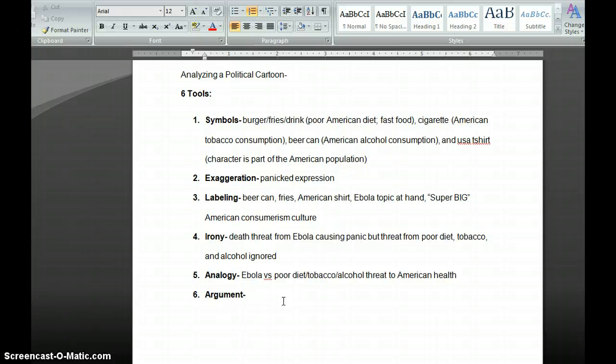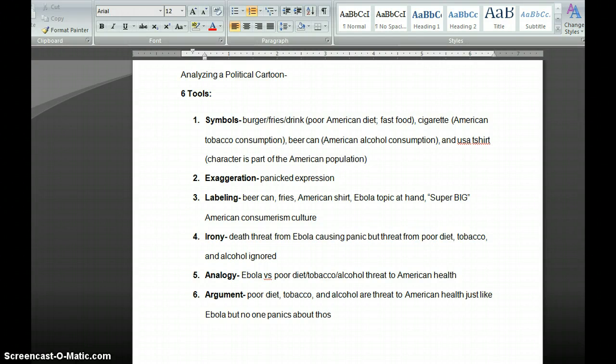So again, the argument here was that poor diet, tobacco, and alcohol are a threat to American health, just like Ebola. But no one panics about those.